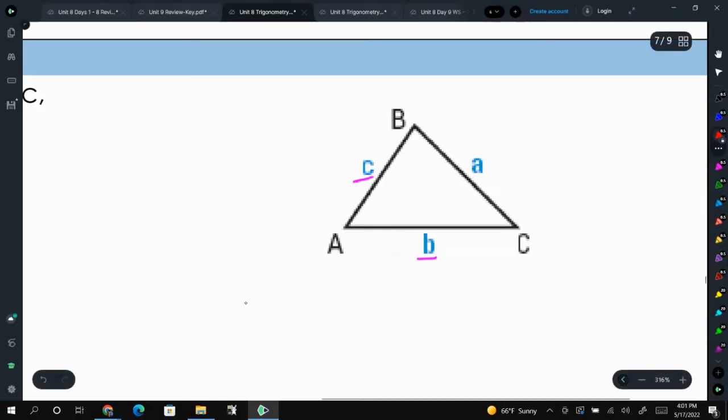Or if you know all three sides, you can use it to solve for one of the angles. So the law of cosines allows you to solve when you know all three sides, or two sides and the angle formed between them.